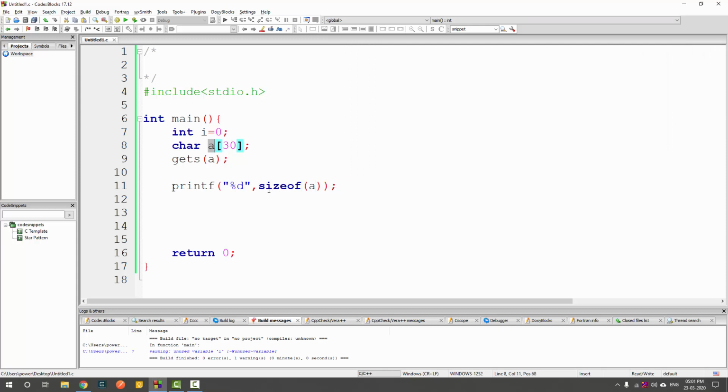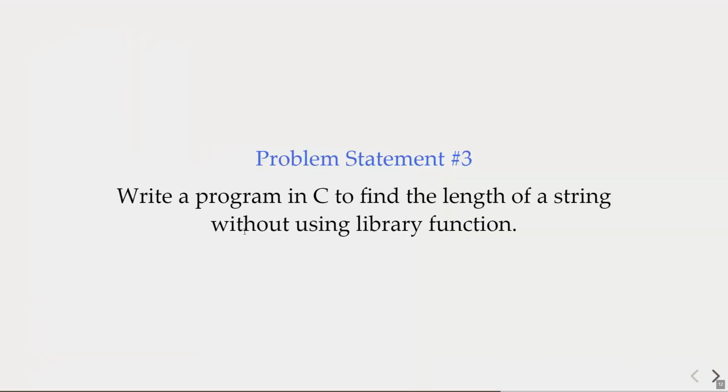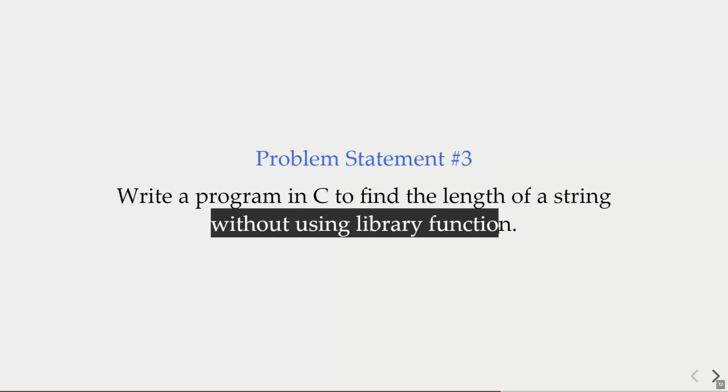So this will not work in our case. But there is another library, string.h, which we will see in the next lecture. There you have a function called strlen, so you can directly use that. But here, if you look at the aim, we have to do it without using a library function.